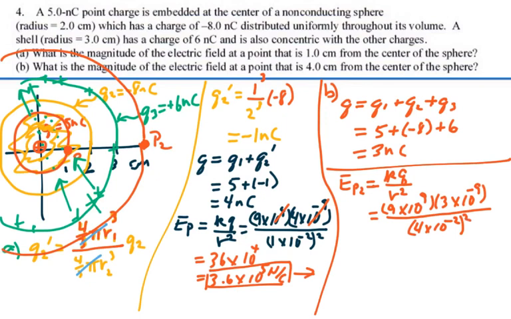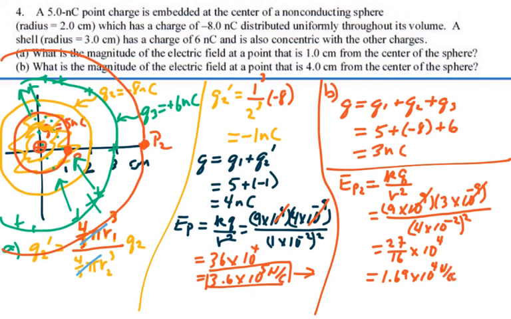The 10 to the minus 9 and 10 to the 9 cancel out, and so we're going to have 27 divided by 16 times 10 to the 4, which will be 1.69 times 10 to the 4 newtons per coulomb.